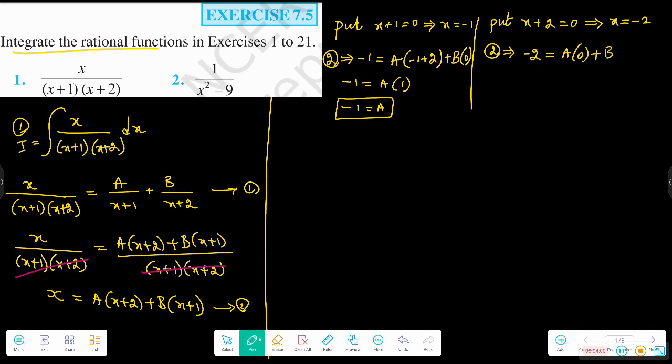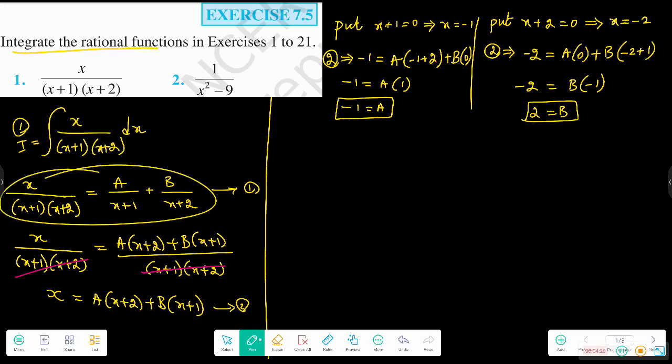And B into (x + 1), with x = -2, gives -2 + 1. Now simplify: -2 = A into 0, leave it, and B into (-2 + 1), which is -1. Minus minus cancelled, so B value is 2. Take the A value and B value and substitute here; directly you can integrate.